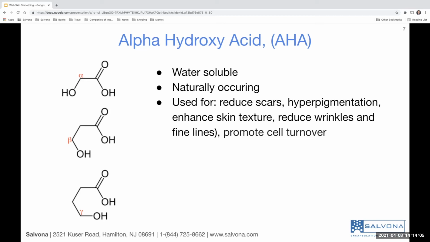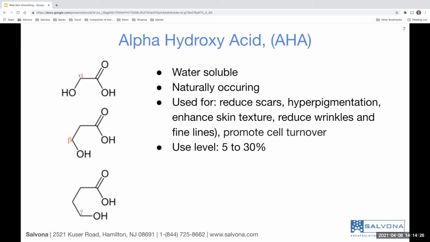Now, alpha is typically used at high levels, somewhere between 5 up to 30%, like glycolic acid, like lactic acid, and so on. The only problem that we have with alpha is, first of all, they're water soluble, so they cannot give you a deeper penetration.